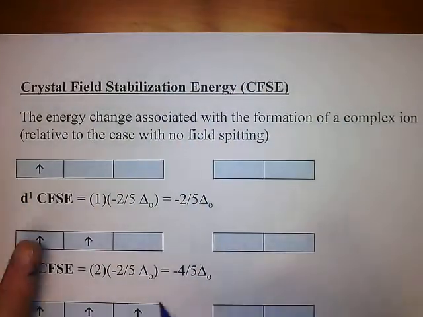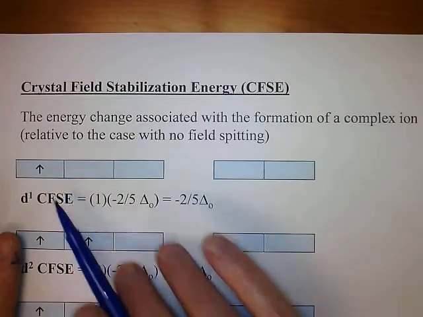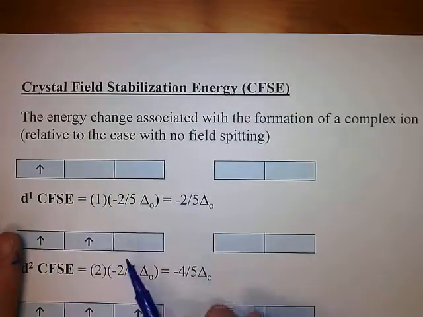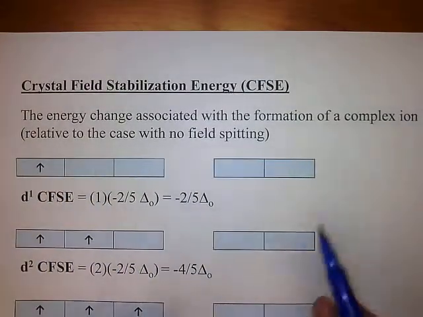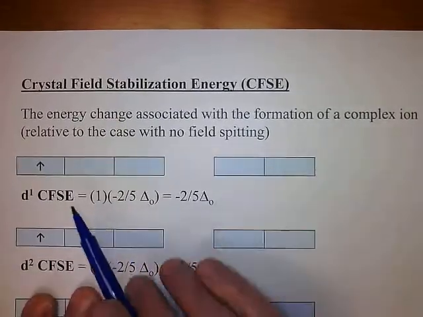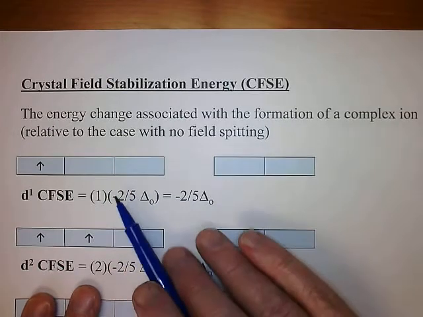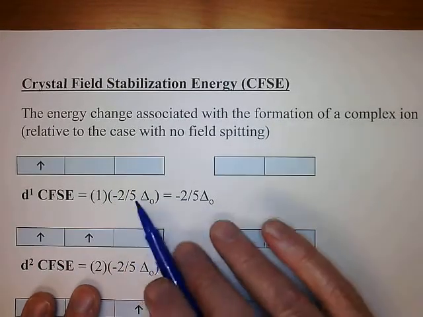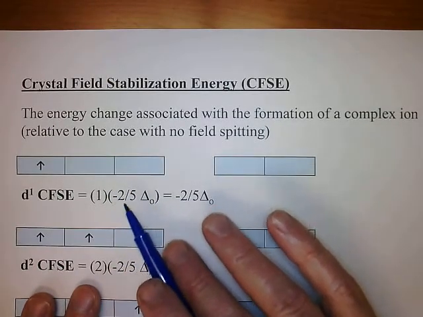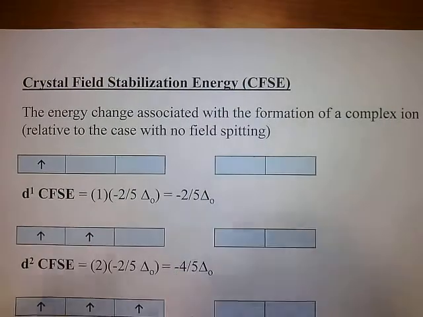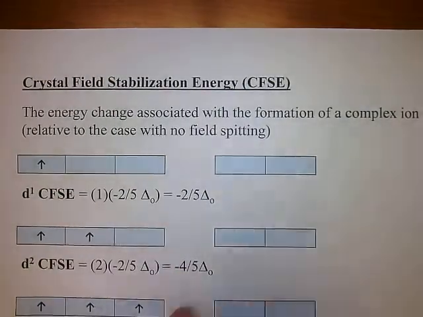For the D1, we simply have the 1 electron in the t2g orbital. So what's our energy change? Remember one more time that these t2g orbitals were lowered in energy by 2/5 the field splitting. And we're putting the negative sign there because that's a negative energy change. In other words, that's an energy benefit. It's energy that we are getting out.